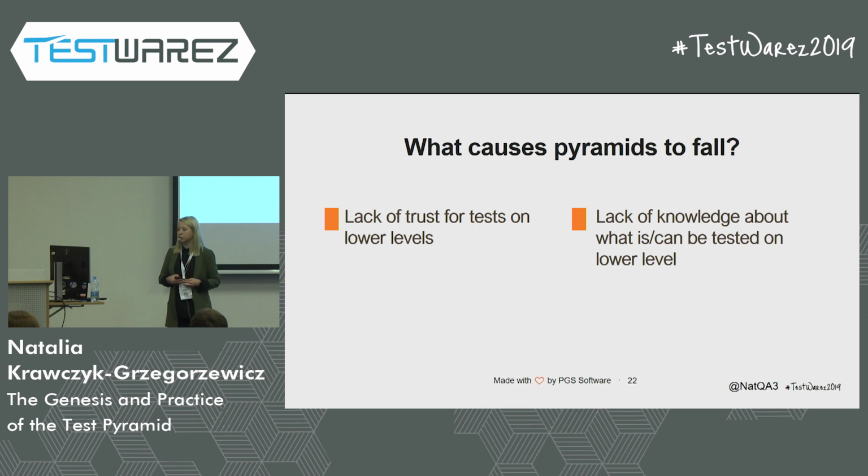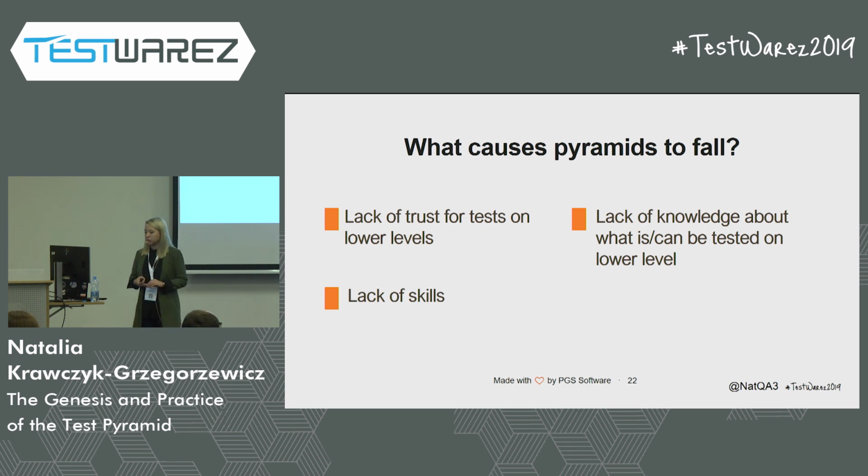And once more, we don't actually know what is being tested there. If we want to skip some tests on the end-to-end level or even integration, how do we know what we can skip? Because we don't even know what test cases are being tested there. Maybe some calculations are being done here, we don't know that.